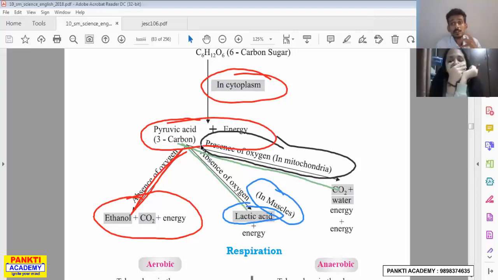That's why in yeast alcohol is produced, which is fermentation. They convert pyruvic acid into ethanol plus CO2 and energy. But in the presence of oxygen, respiration is called aerobic: CO2 is released, water is released plus energy. Third point, in a muscle, sometimes oxygen is not available, so for energy, glucose is broken down and pyruvic acid converts to lactic acid.